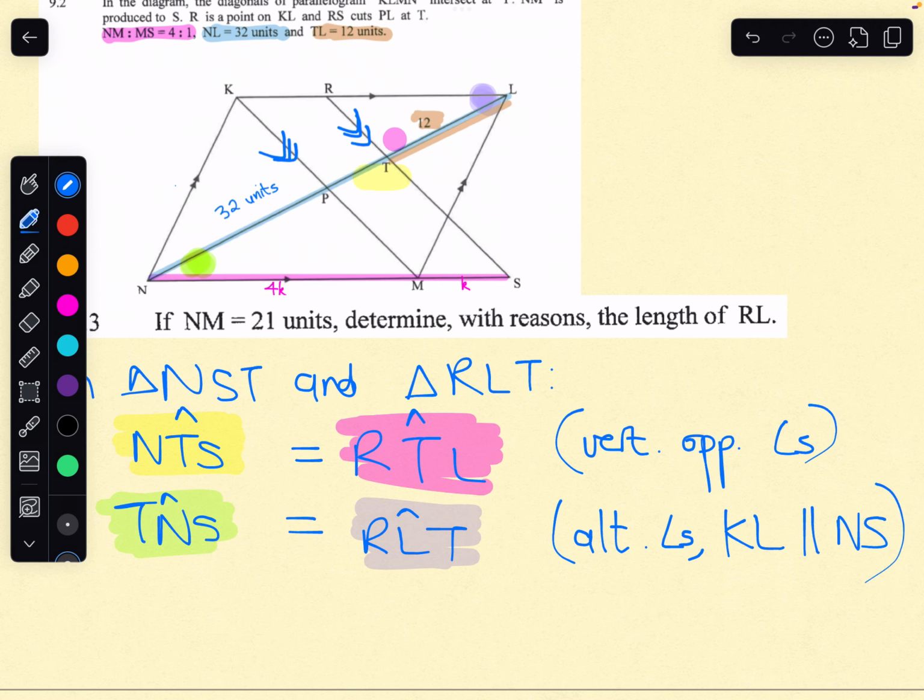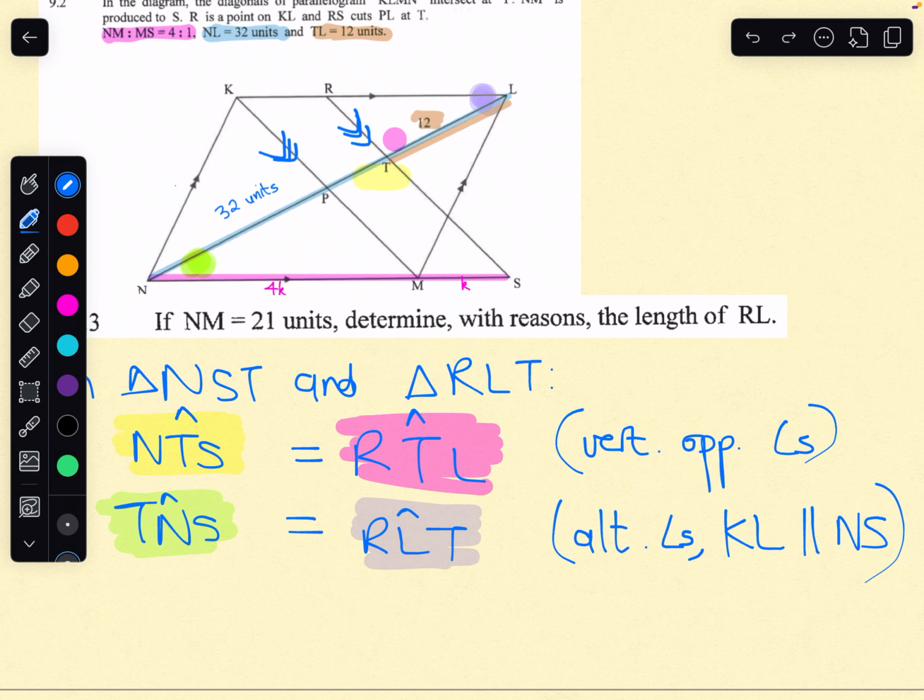And look, they didn't explicitly tell us that KL and NS are parallel. They just wrote it on the diagram for us, and we also know that it's true because we were told that KLMN is a parallelogram. So if you are a diligent student, unlike me, you would first state that KL is parallel to NS because opposite sides of a parallelogram are parallel. So that's if you just want to be an extra sweet human being. You can do that. As for me, I am not in the business of being sweet.